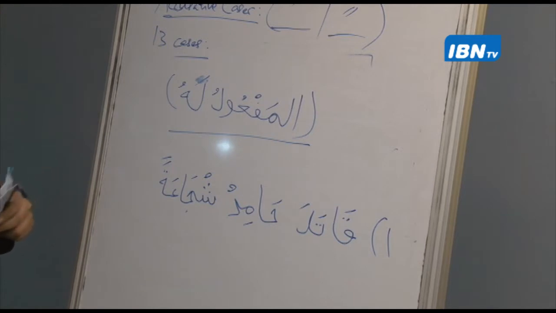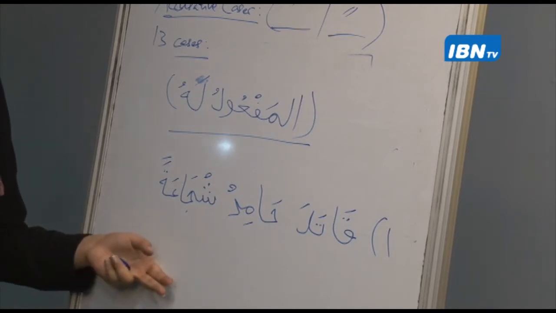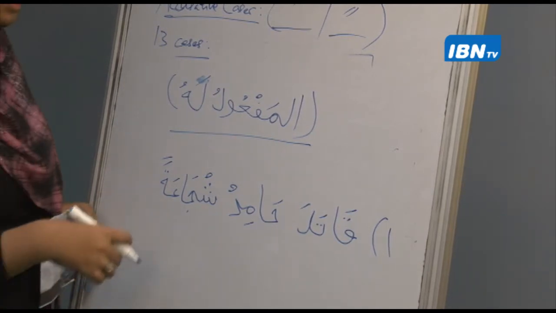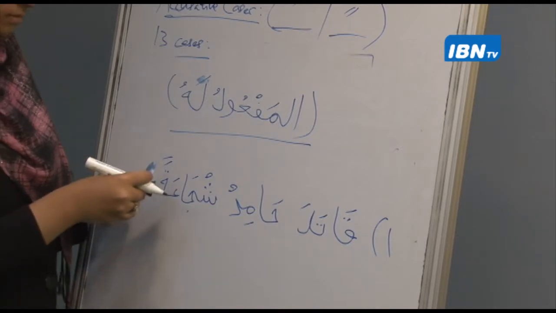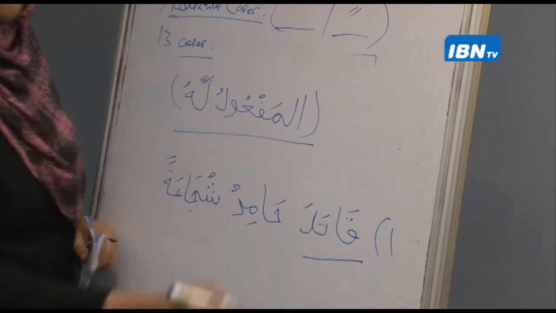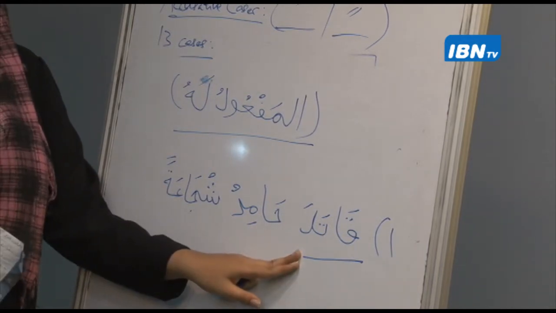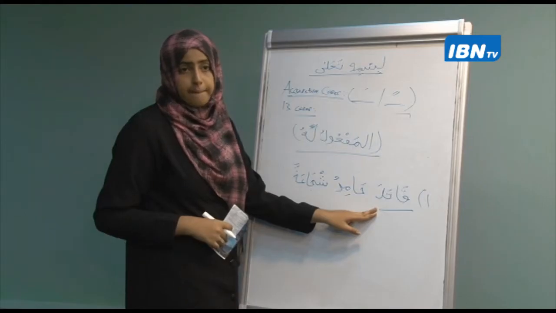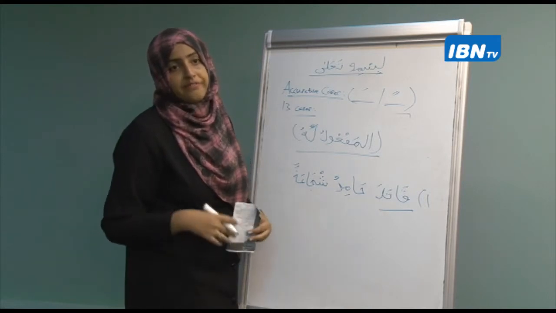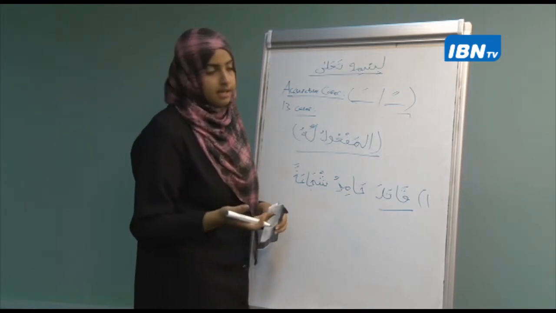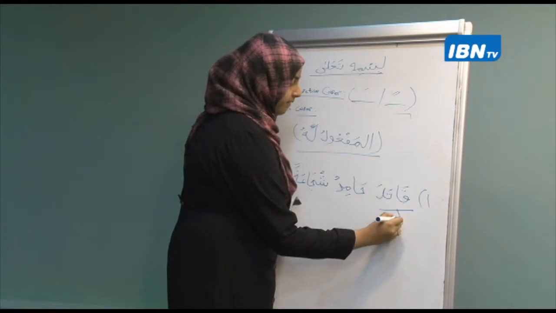Okay, meaning Hamid fought courageously, right? So qatala, what is the fi'l al-madhi we have here? qatala is my fi'l al-madhi, to fight someone. So this is my verb, which is the fi'l al-madhi.